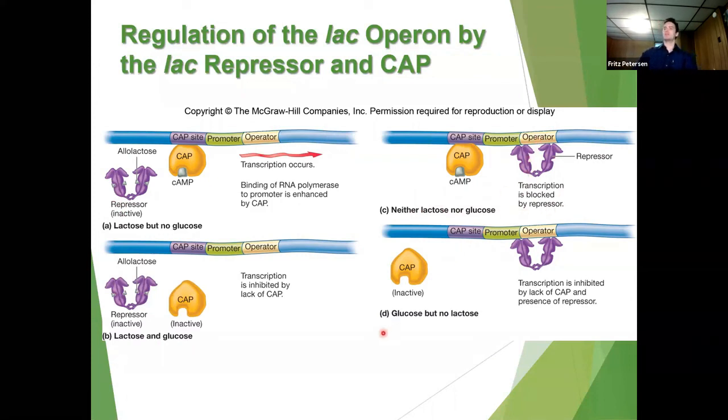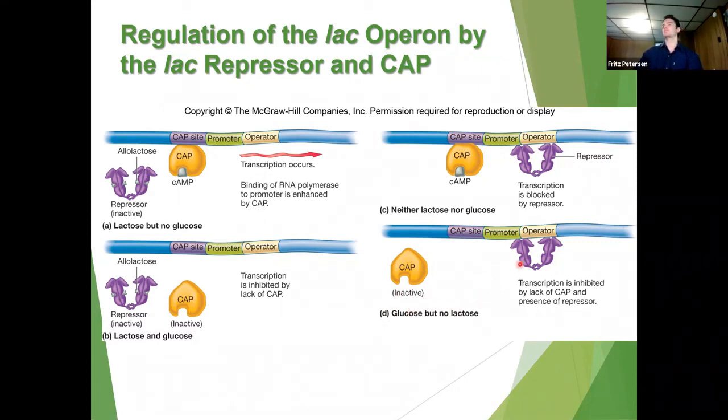And in our final example, what happens when there's glucose but no lactose? Again, here, obviously, we're going to want the glucose to be metabolized. So CAP will now be inactive because the phosphate group is used to phosphorylate the glucose.